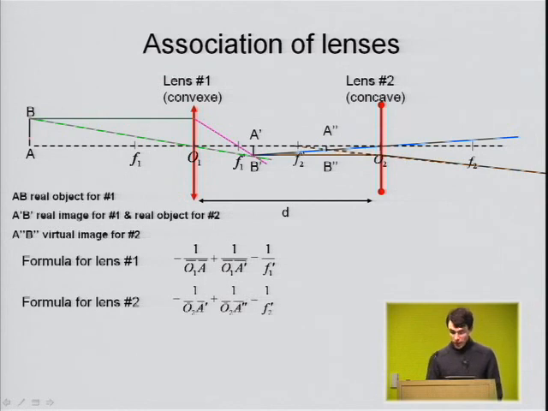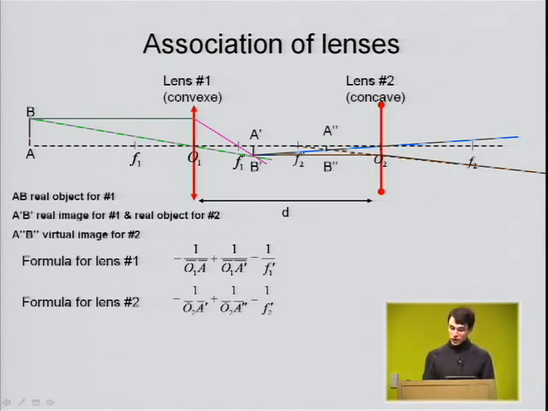If I do the math, I will apply the formula for my first lens and my second lens. For my first lens, the center is O1. For my second lens, the center is O2. The only difference for my second lens is that my object is A prime and my image is A prime prime.